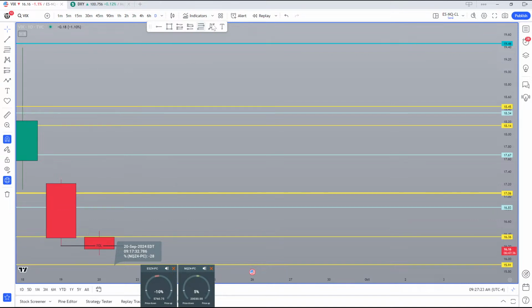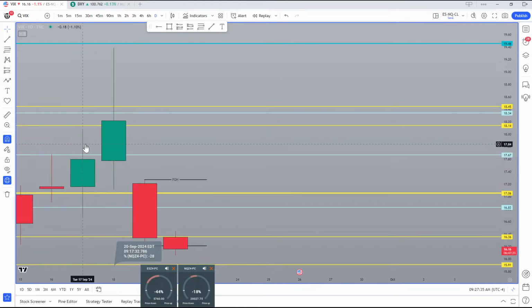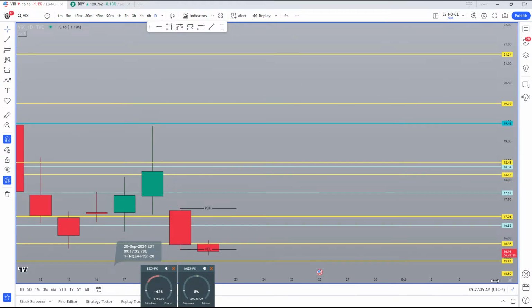We'll do another previous day high. Because remember, if we want to be bearish, we want to see the VIX pushing higher. If we want to be bullish, we want to see the VIX pushing lower. If VIX is in a range, we have to look out for a range.